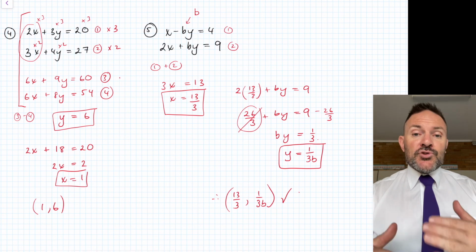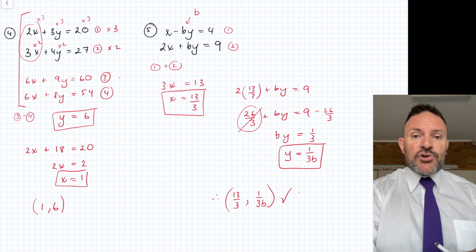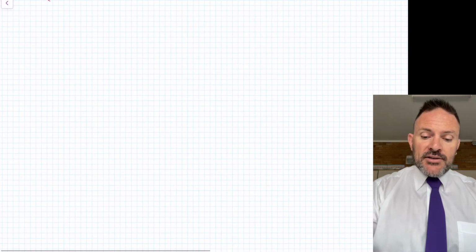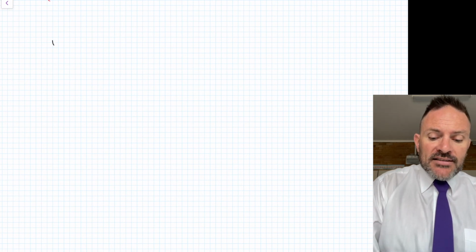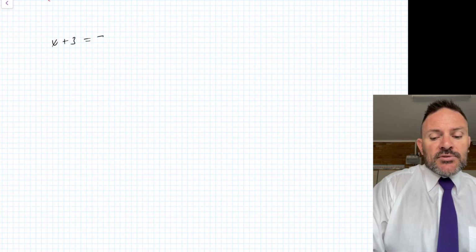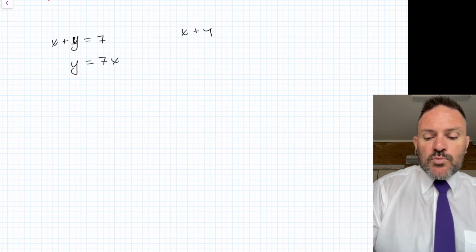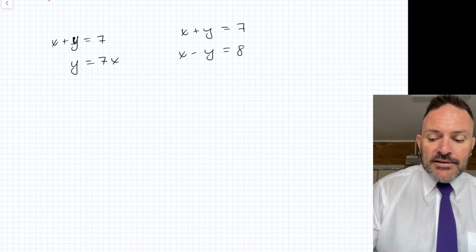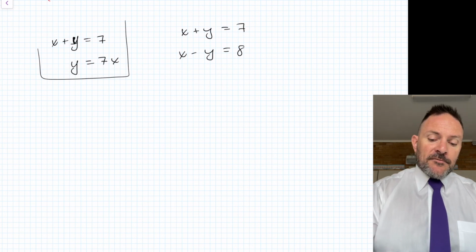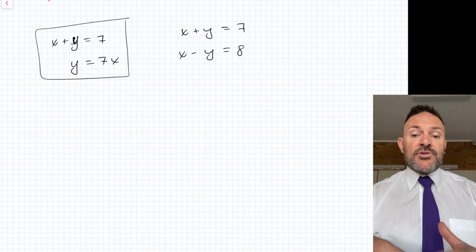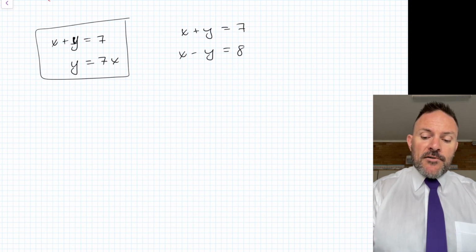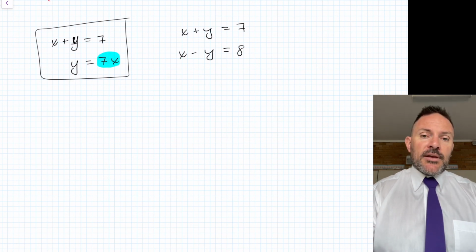elimination. You now have 2 methods that you can use, either substitution or elimination. Remember, just as a bit of a summary, if you have something like this, x plus y equals 7, and y equals 7x, versus x plus y equals 7, x minus y equals 8, let's say, for example, this first method would work well with substitution because you have the variable equals something, okay?